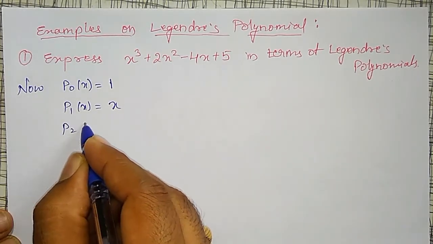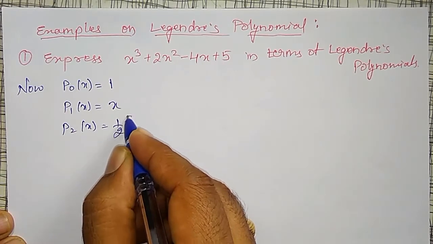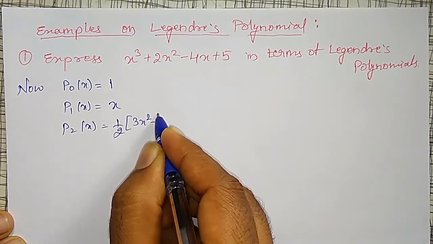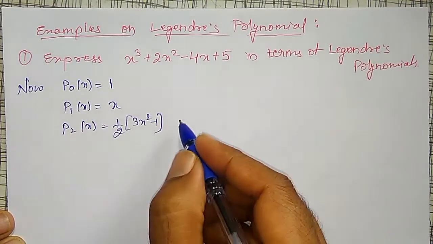Like that, I have P2 of x is equal to 1 by 2 times (3x square minus 1). Therefore, x square, what I have to write in terms of P0, P2 and all those things.